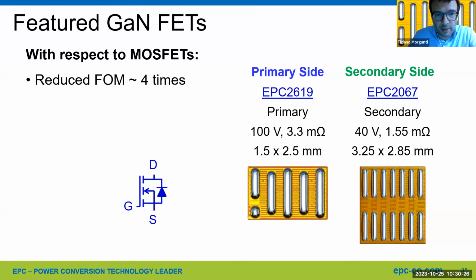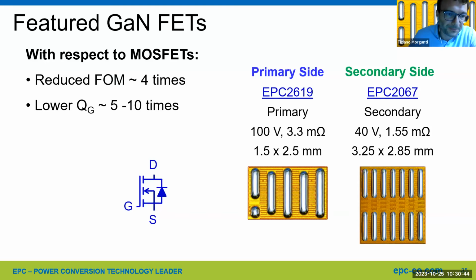So we have reduced size of our dies for the same RDS(on) compared to silicon MOSFETs. We have much smaller gate charge, and this allows switching at 1.6 megahertz without excessive gate drive losses. And we can drive the gates at 5 volt only, which simplifies the design.